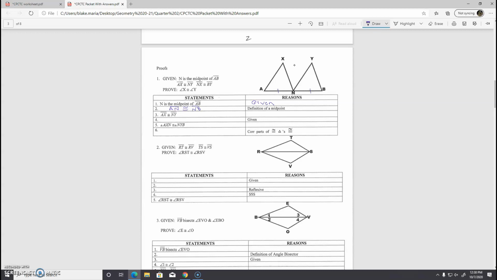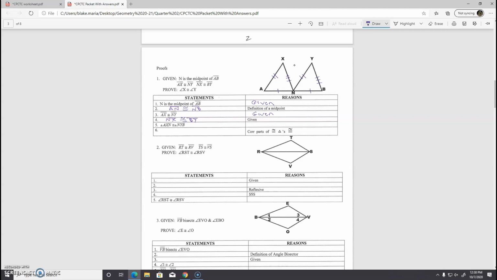The next one says AX is congruent to NY. Again, that was another given, but we're going to mark that in our picture. AX and NY. And then the next one says given NX and BY are congruent. So NX is congruent to BY.